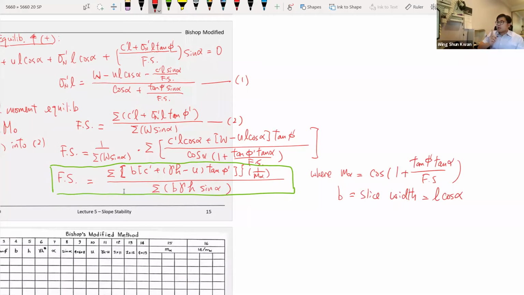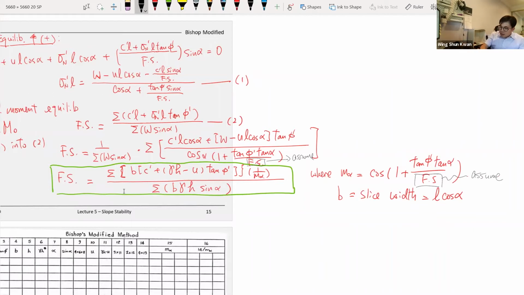So now the trick is we try to calculate the factor of safety, but the factor of safety is in terms of the factor of safety that you assume. So this factor of safety here is the one that you assume. Same as here.